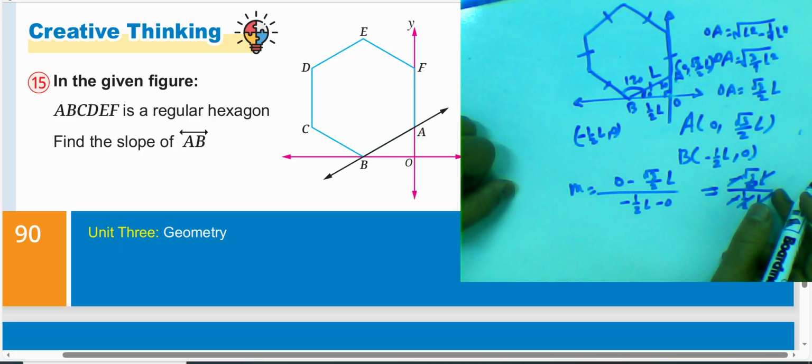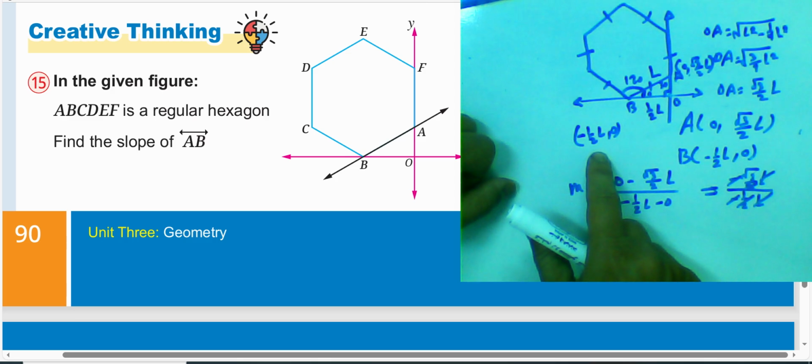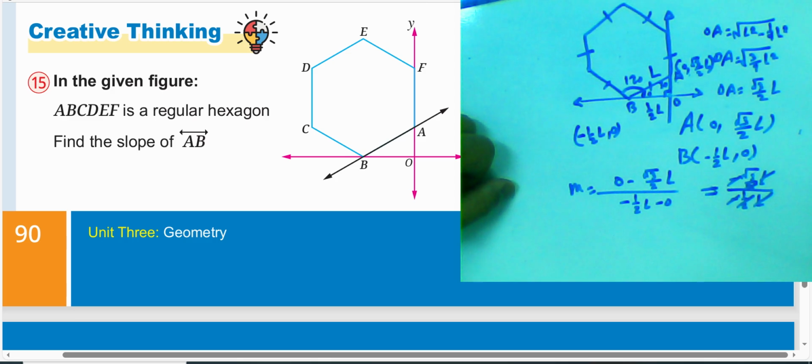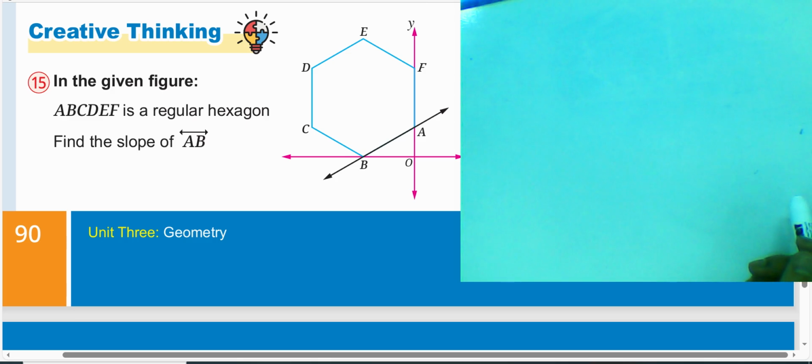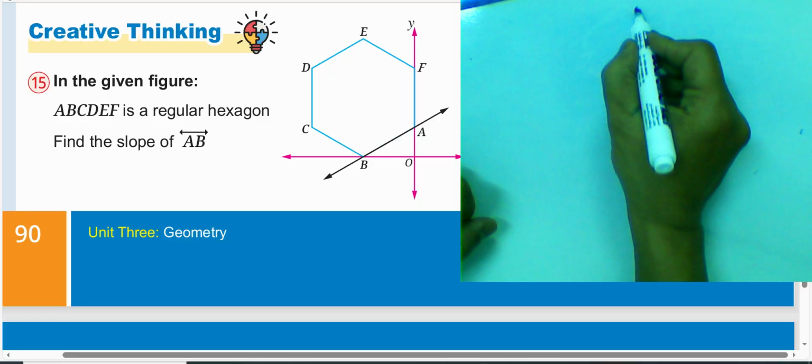Then the slope will be y2 minus y1 over x2 minus x1. Okay, I will draw here again.